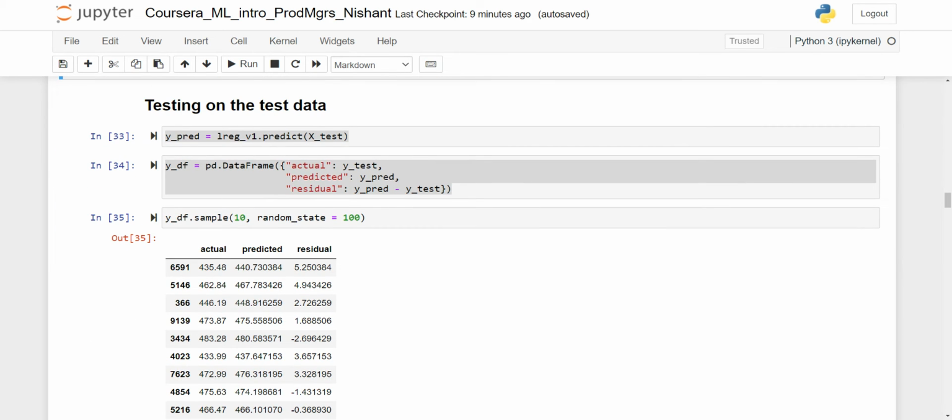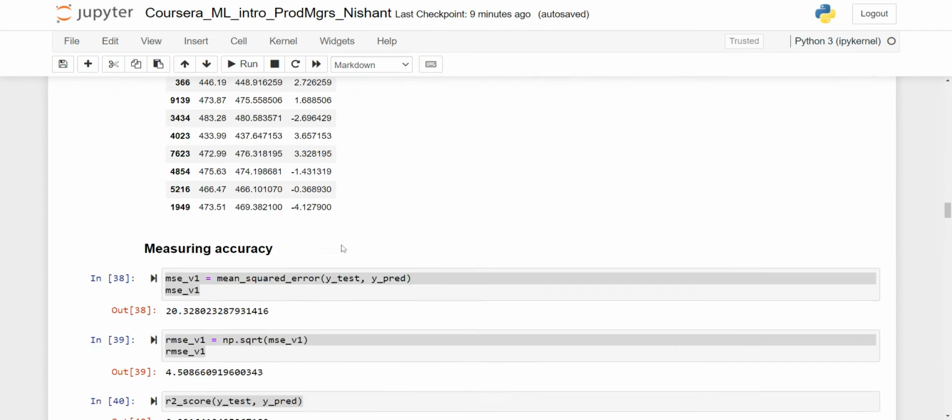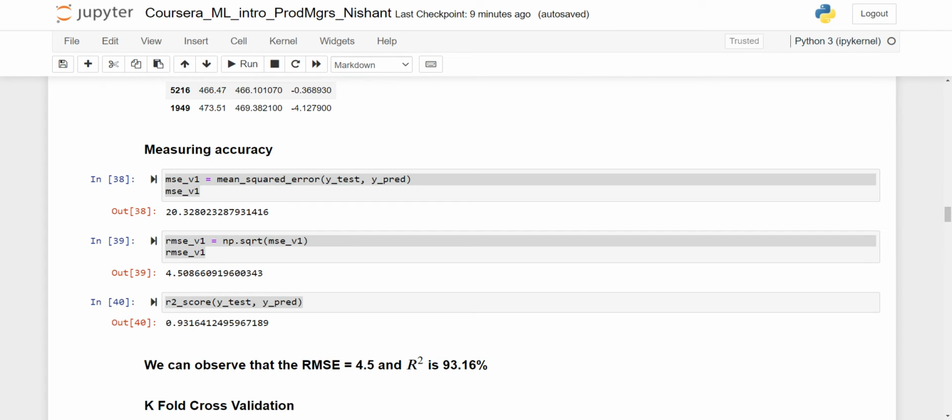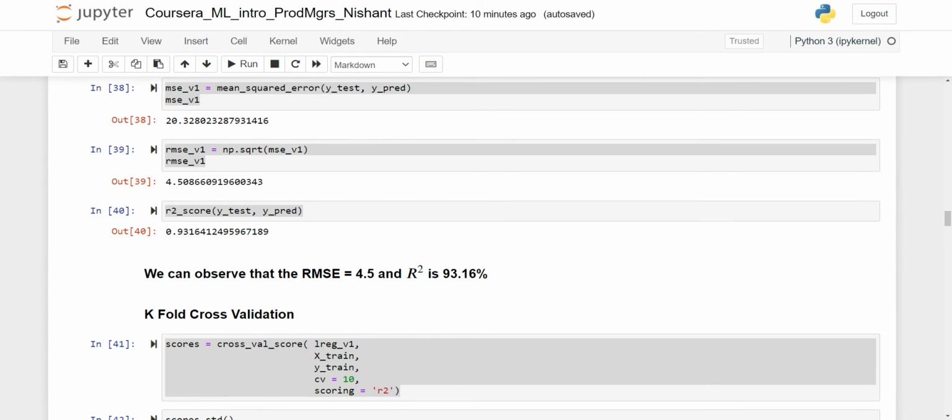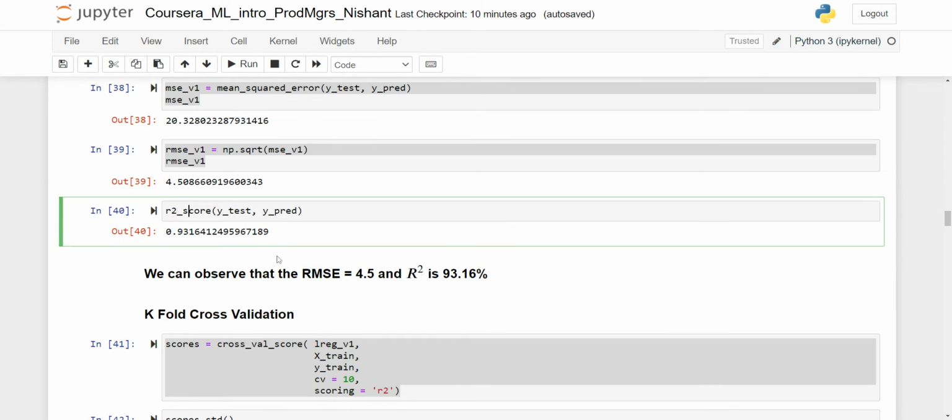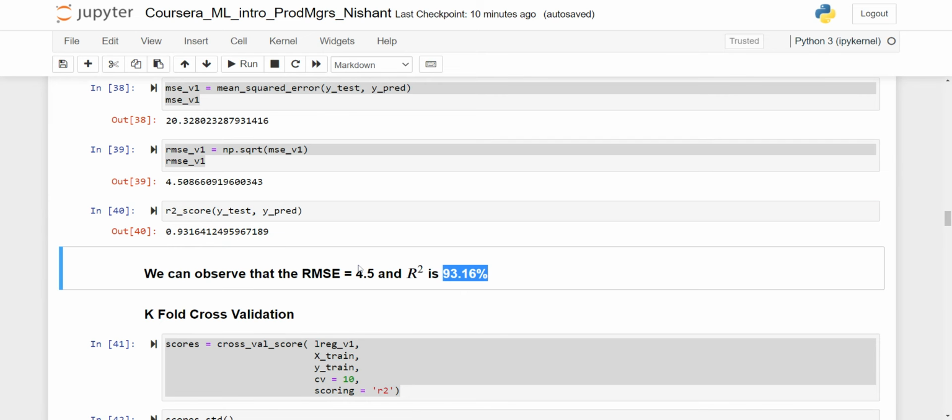Then I tested the output, that is, the prediction based on the testing data, and calculated the accuracies in terms of MSE, RMSE, and R square values. We can see that RMSE is coming as 4.5 and R square is coming as 93.16%.